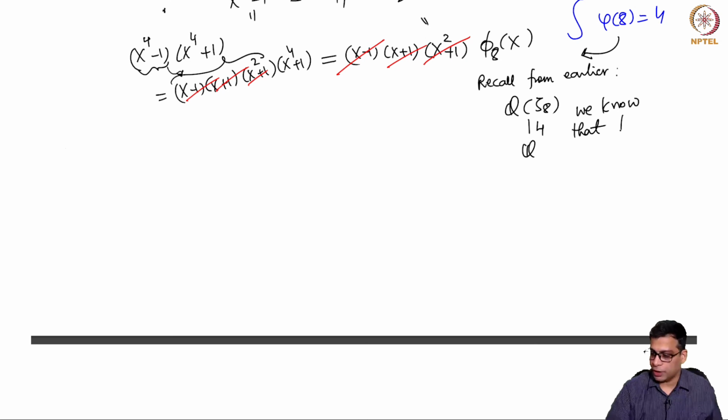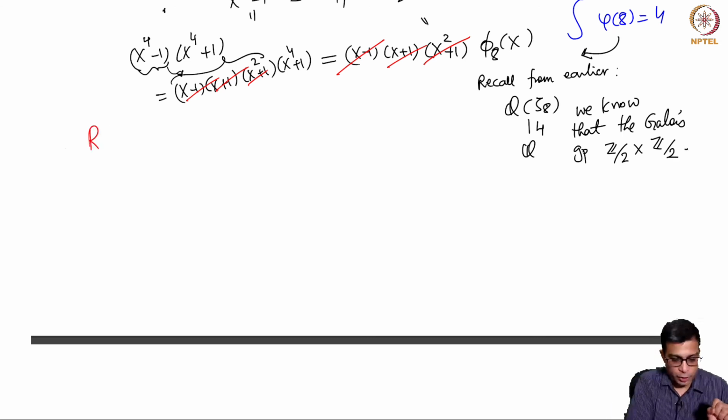The Galois group here is in fact Z mod 2 cross Z mod 2. Okay, so this is a good point to remark.